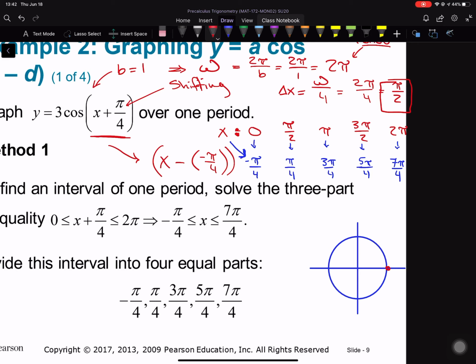Now we want to determine where we start. The ordered pair is going to be 1, 0 here. Remember, cosine is x-based, sine is y-based, so cosine starts off with 1. But since we have an amplitude of 3, cosine will actually start off at 3 this time. So it will go 3, 0, negative 3, 0, and positive 3.